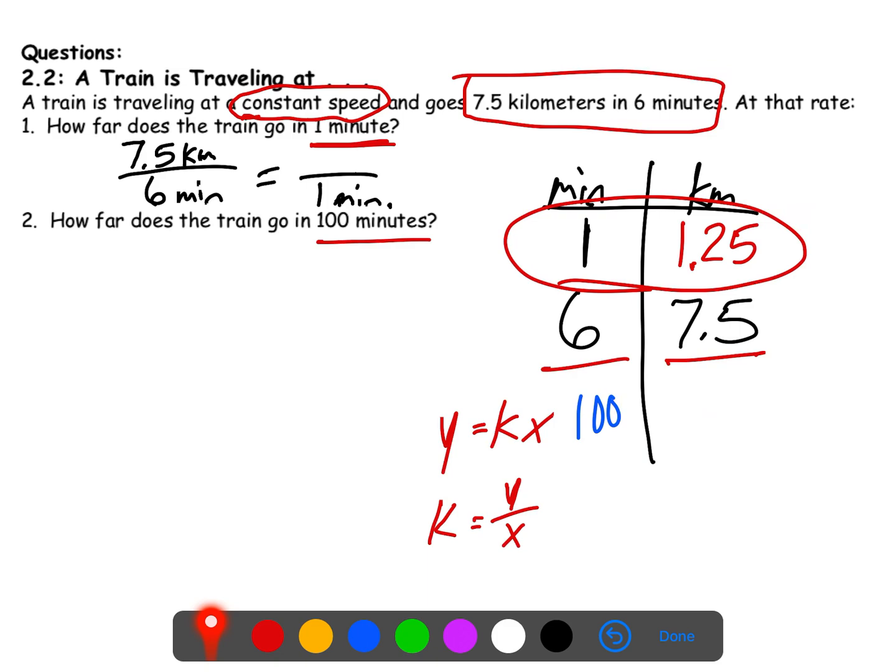So if my constant of proportionality here is 1.25, if I get 10 times bigger, it becomes 12.5, and another 10 times, it'll be 125. That's where I have increased 10 times 10, which is 100, and that has increased the value of our constant of proportionality 100 times.